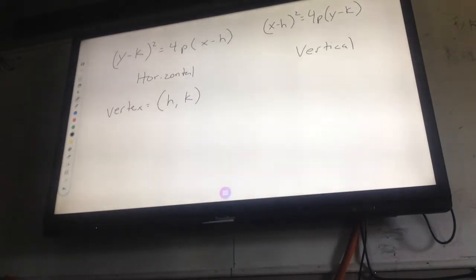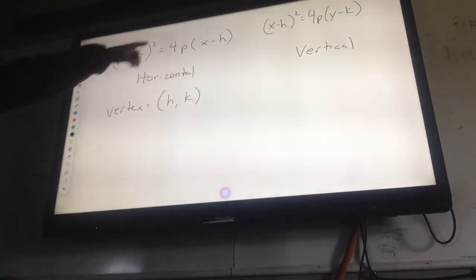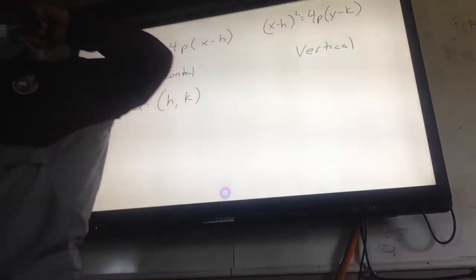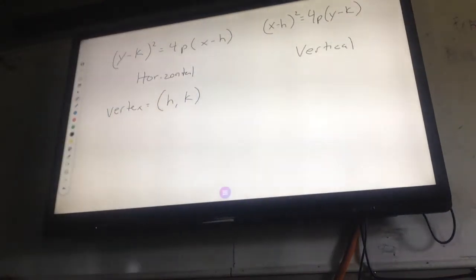H and k are both behind what type of sign? A negative sign, right? Which means that whatever number you see in the formula, it comes out as the opposite. So if that particular formula said x plus 3, then h would actually be negative 3. Everybody understand that?